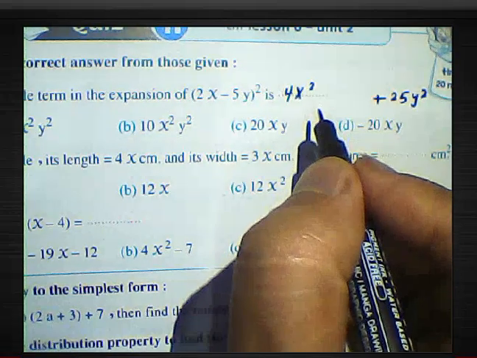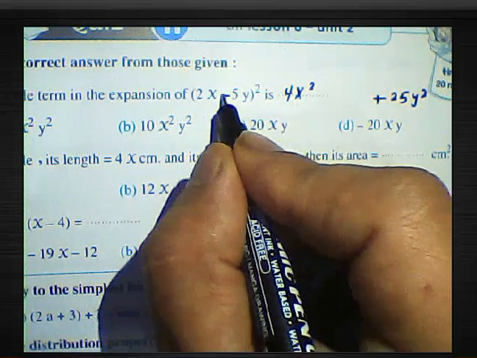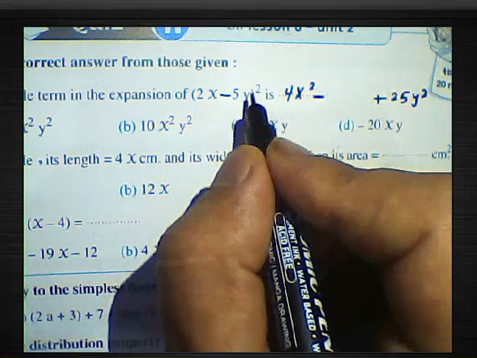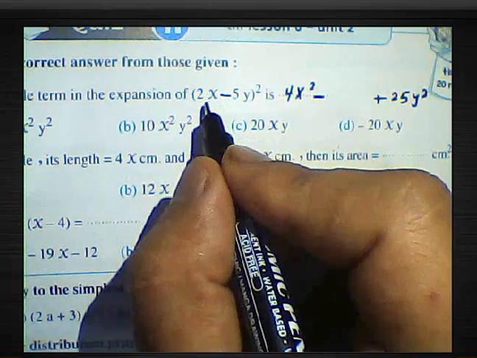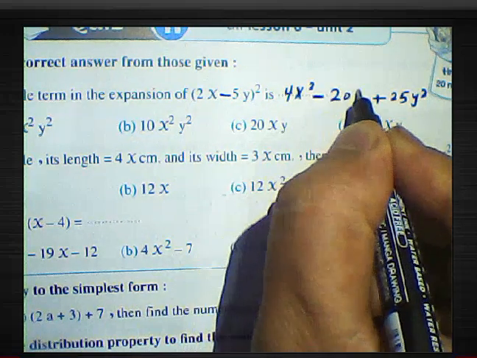In the middle, write the sign negative, and 2 times 2x times 5y: 2 times 2x equals 4x, 4x times 5y equals 20xy, right? 20xy here.